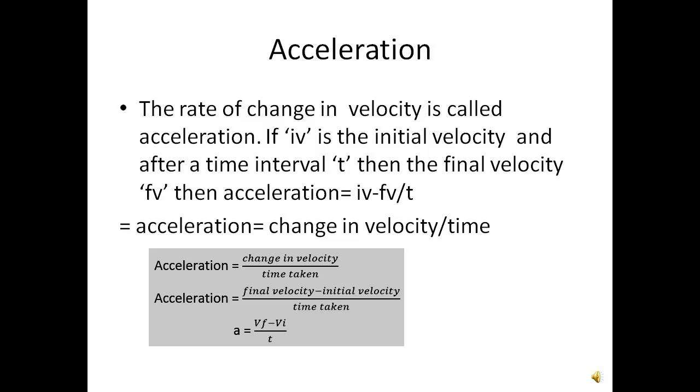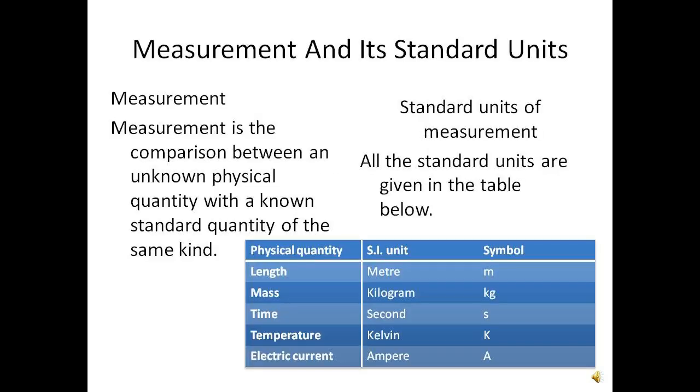Now we are going to know measurement and its standards. Measurement is the comparison between an unknown physical quantity with a standard quantity of the same kind. Standard units of measurement are: length, its SI unit is meter, and its symbol is a lowercase m.